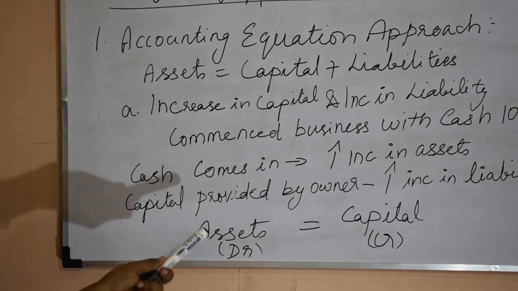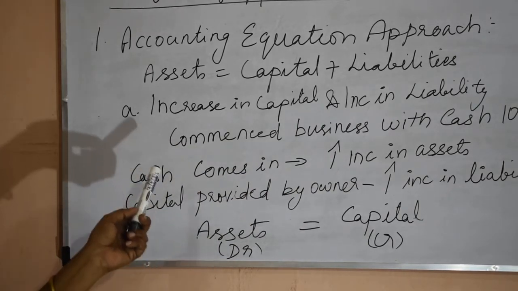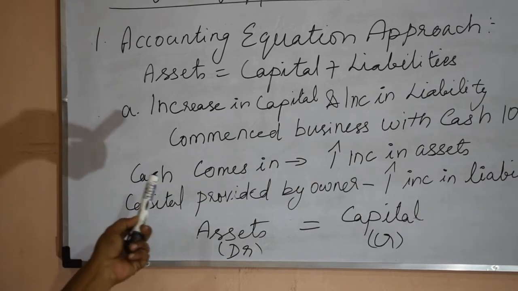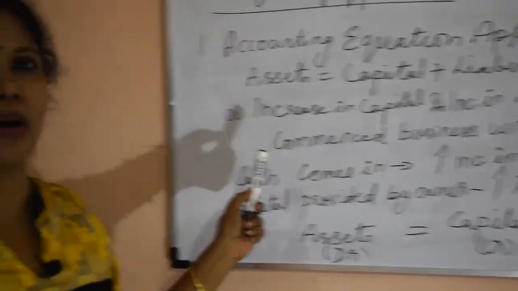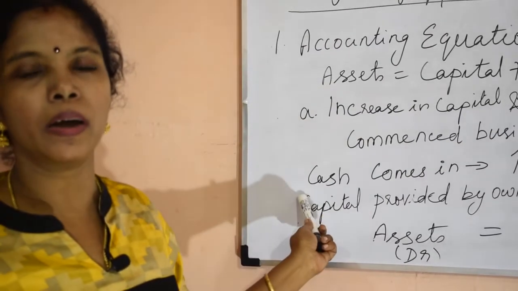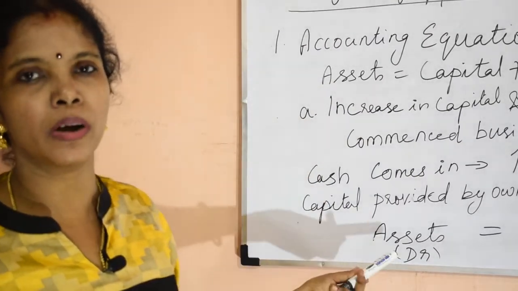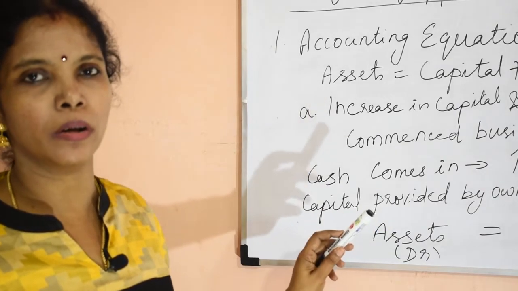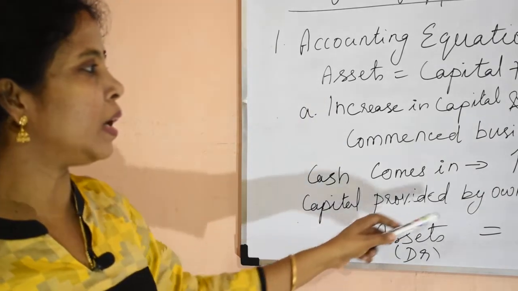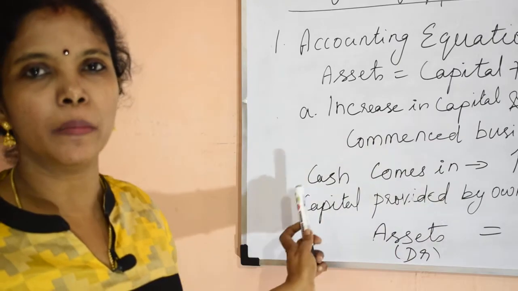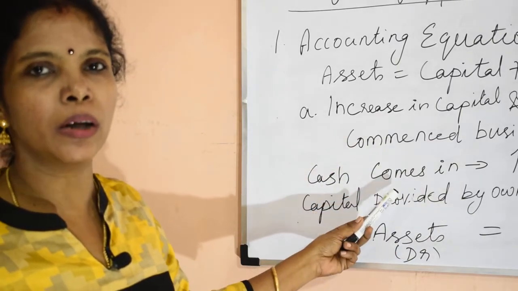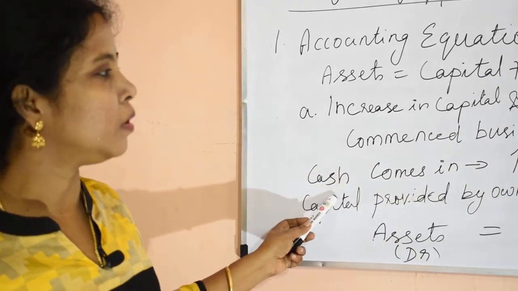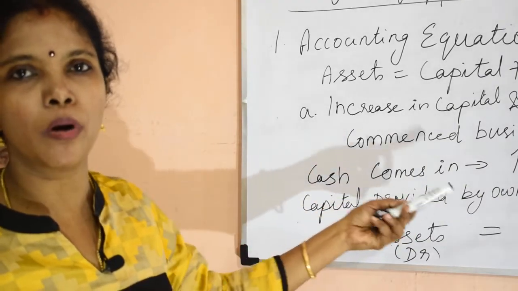Why can we say it is an increase in liability? In the previous video, I explained the business entity concept. Business entity concept means the business is different and the owner is different, so both are separate entities. So an increase in liability means the business is liable to pay the owner what he has invested in the business, which may be in the way of profit or dividends.